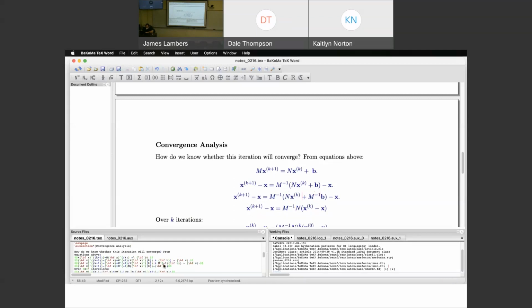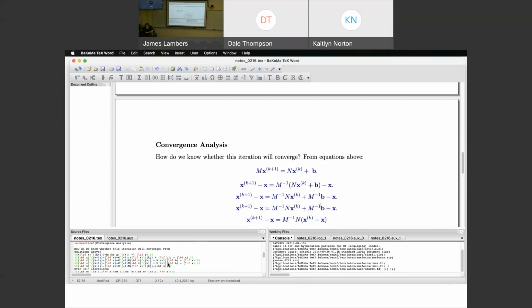Now, keep in mind that b is equal to A times x, so I'll go ahead and fill that in here.